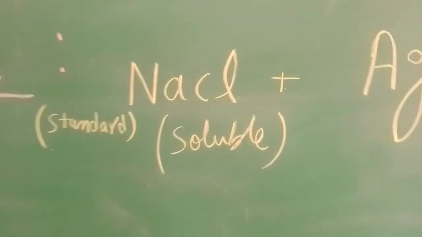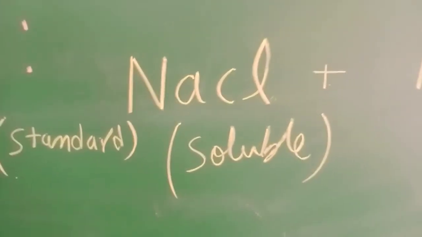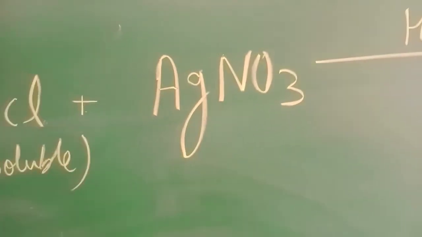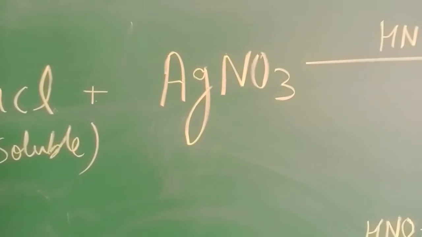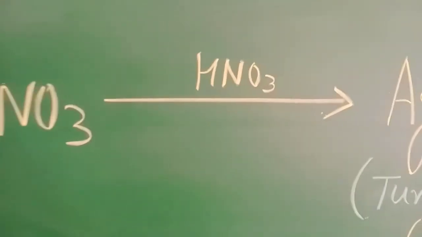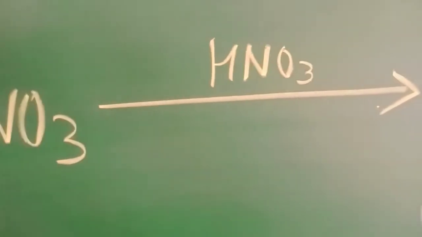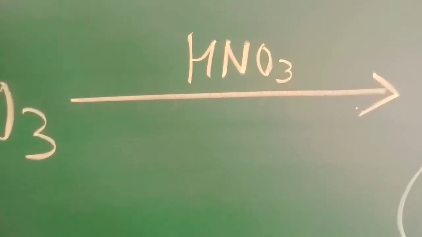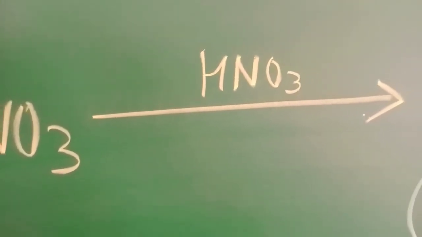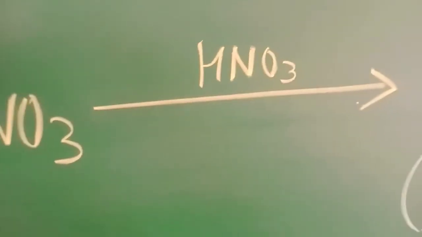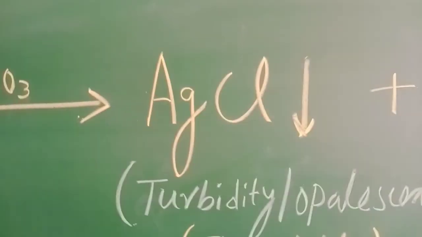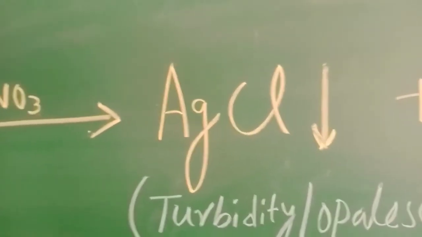Now to this soluble sodium chloride solution, we further add silver nitrate. And once the content is acidified in presence of HNO3, which is an acid, this will cause precipitation of silver chloride from the solution.